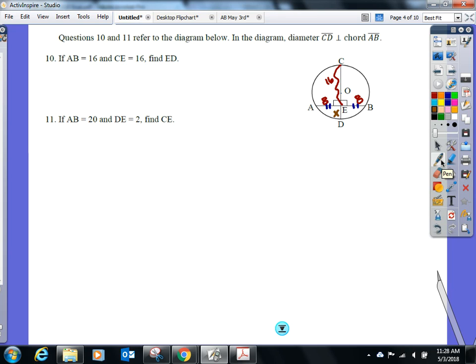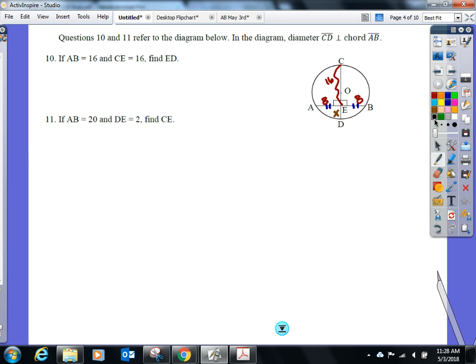Let me ask you a couple questions so everyone knows where we're going with this. What's AB in the circle? And what is CD? Diameter, also a chord. And they intersect. We have a theorem: if two chords intersect, the product of their segments are equal. Name two segments of one chord up there. 8 and 8.